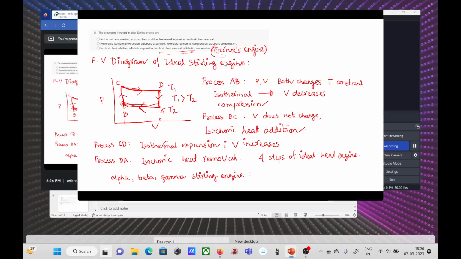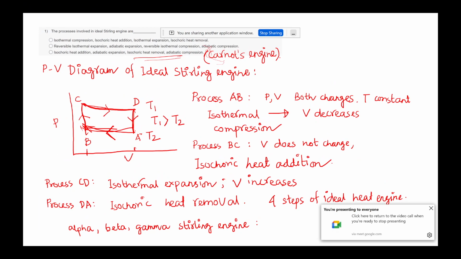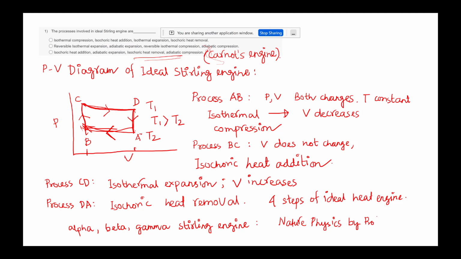If you want to know more, because this is quite an advanced topic, there is a paper in Nature Physics from Professor AK Sood's group.